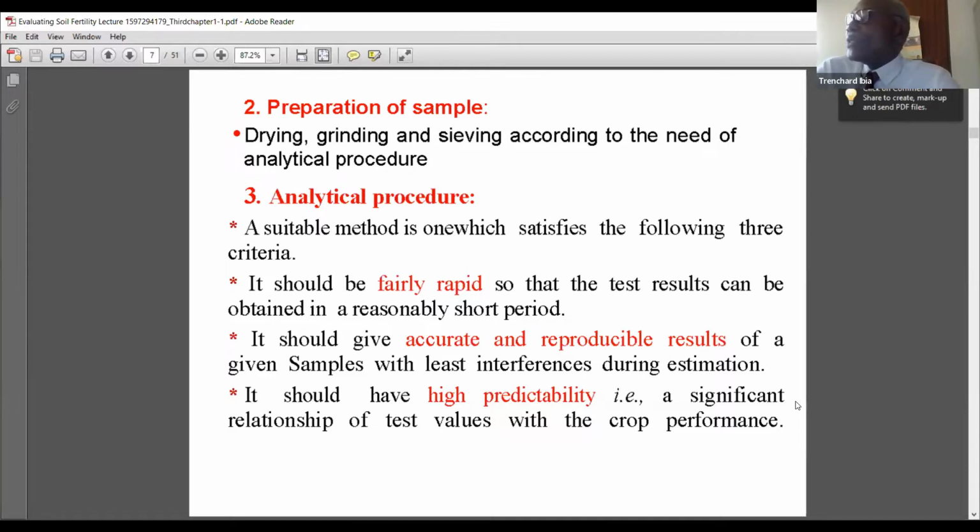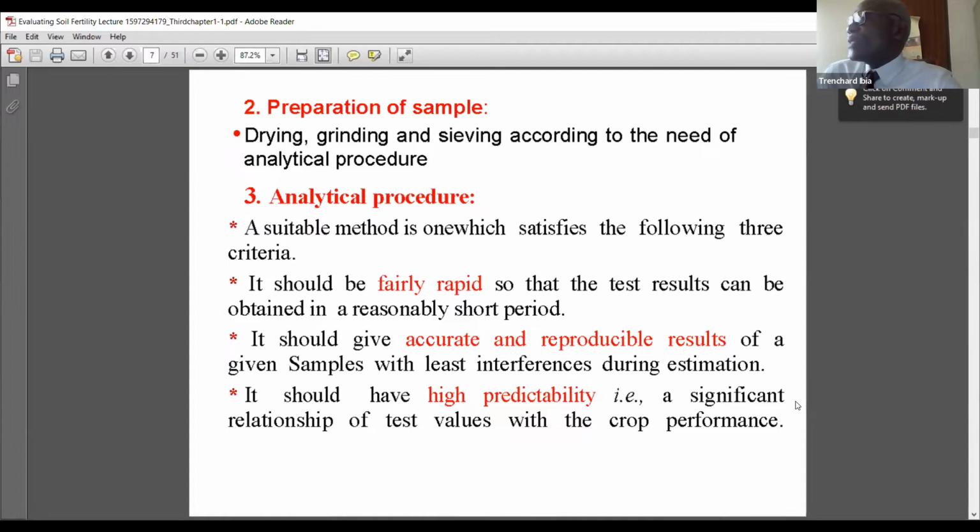The analytical procedure should give accurate and reproducible results of given samples with least interference during estimation. It should have high predictability, that is, significant relationship of test values with crop performance.